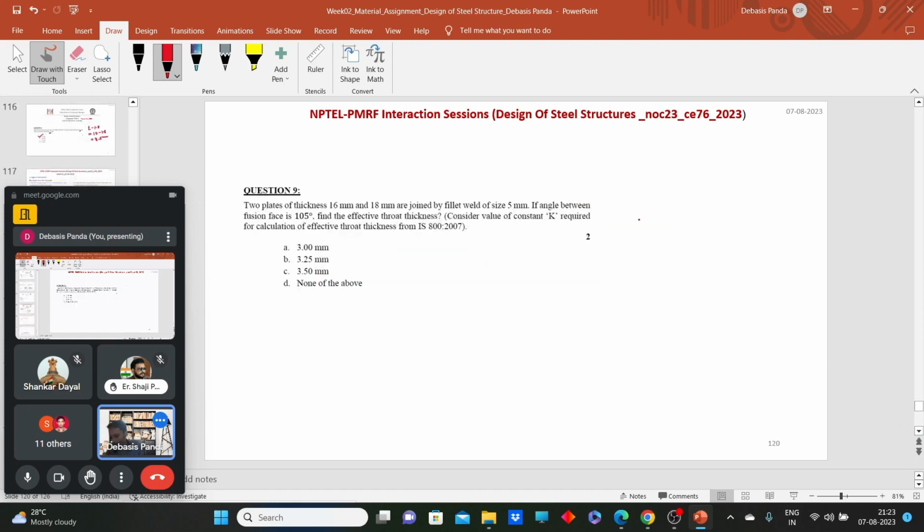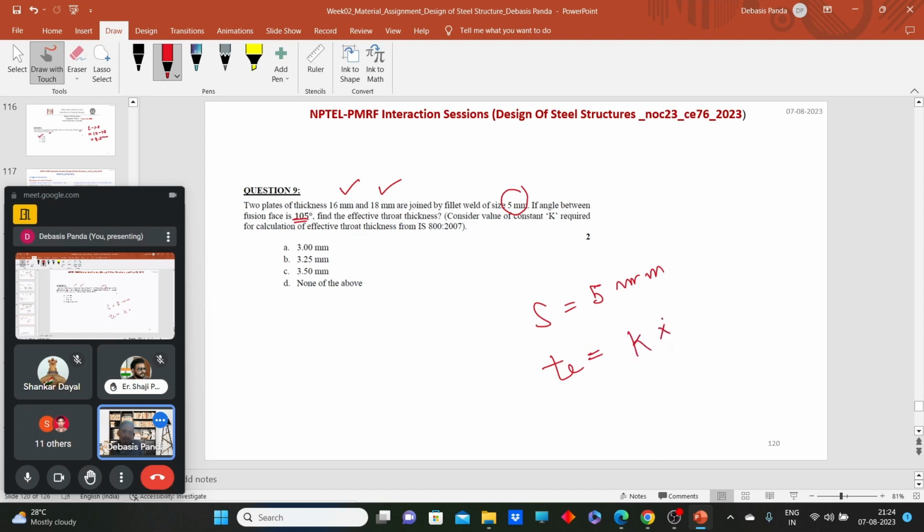Now, one more question. Two plates of thickness 16 mm and 18 mm are joined using 5 mm weld. So S is equal to 5 mm. Fusion faces 105 degree. So what will be the throat thickness?